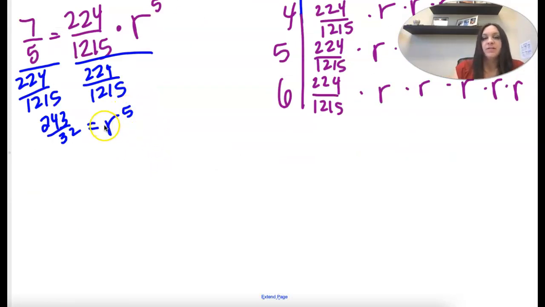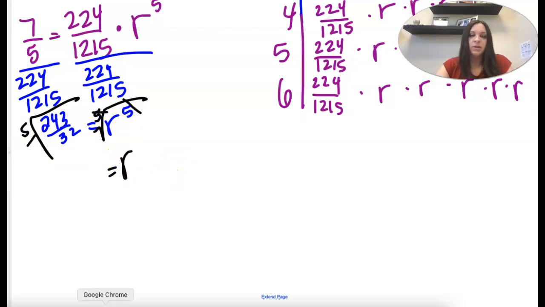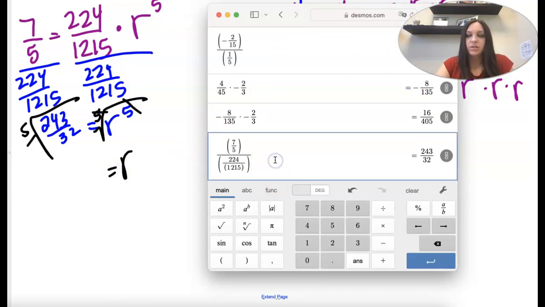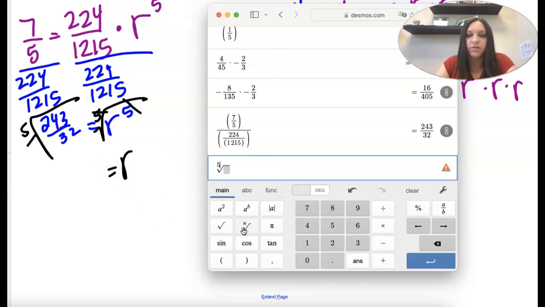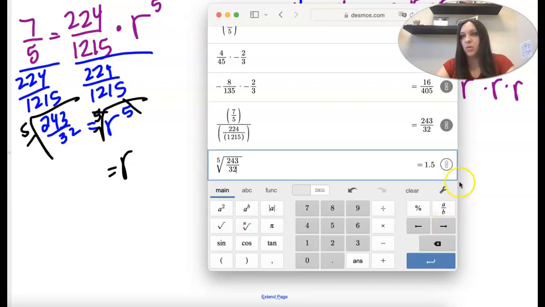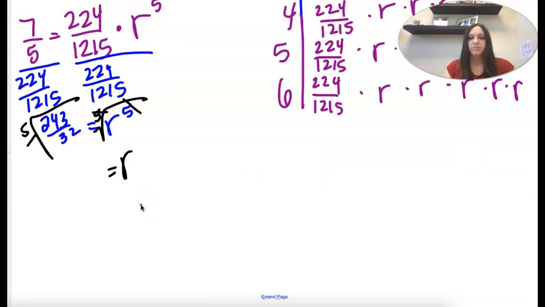So the opposite of r to the 5th is a 5th root. Whatever the exponent is, you can take the root of that. And it should come out nicely. So the 5th root of 243 divided by 32 is 1.5. So 1.5 is r. And I'm just going to leave it as 1.5.